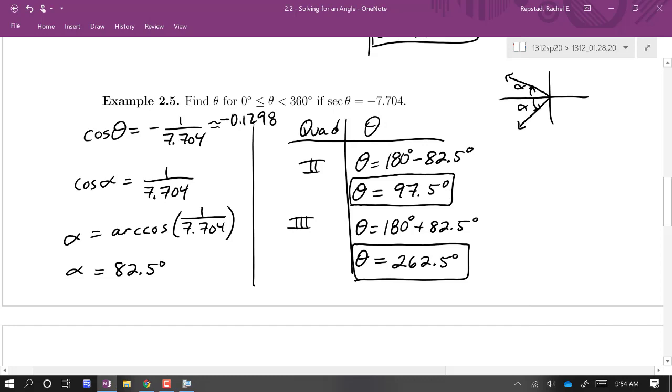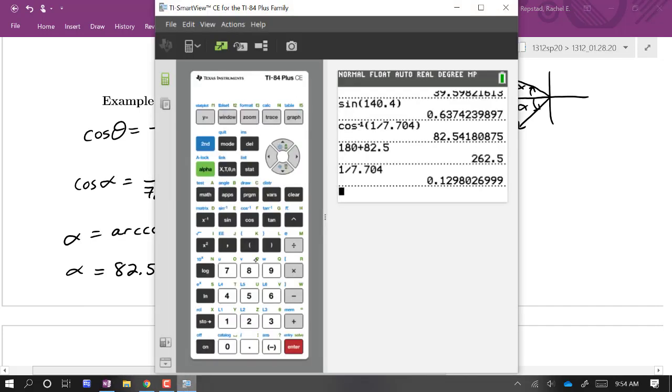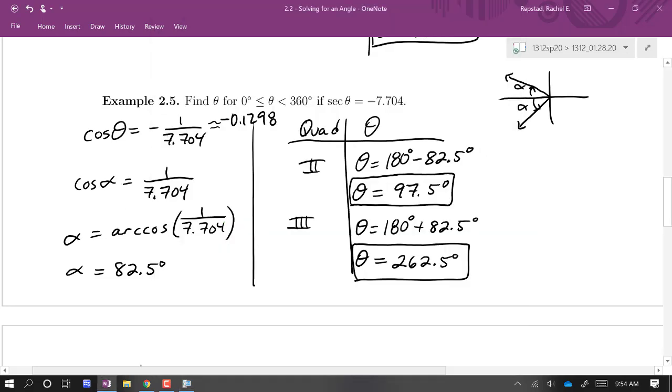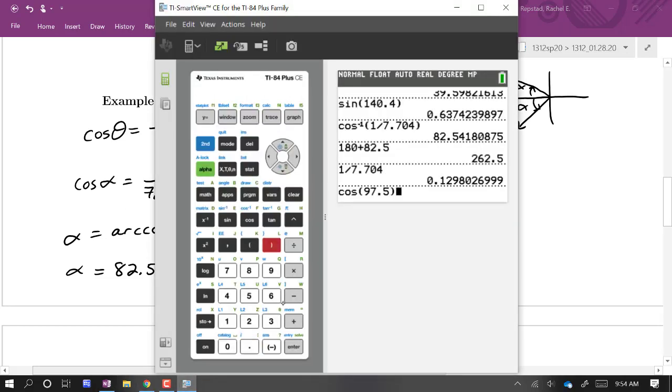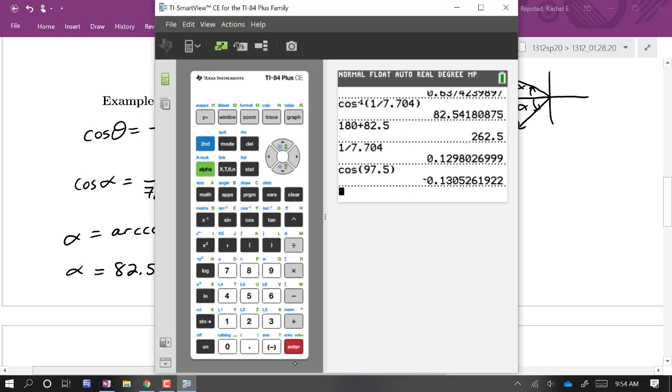So if I plug in cosine of 97.5, I get negative 0.1305.